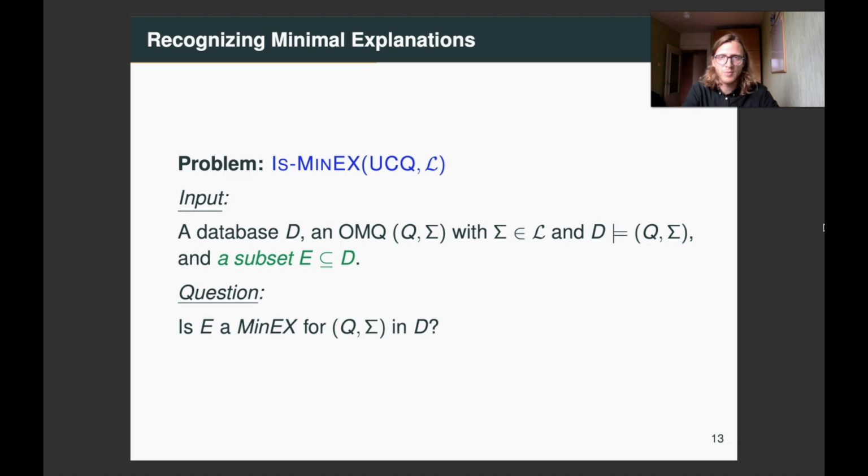The most fundamental problem that we study is min-ex. This is the problem of recognizing a minimal explanation. And this problem is a decision version of the problem of constructing a minimal explanation. Okay? So suppose we have a database and ontology-mediated query, such that database entails this ontology-mediated query, and a subset of a database, E. And we are asking, is this subset E a minimal explanation for this ontology-mediated query?